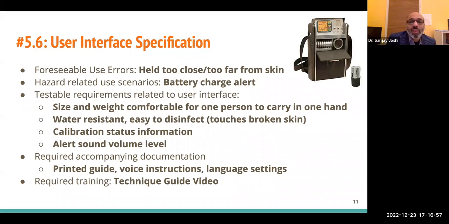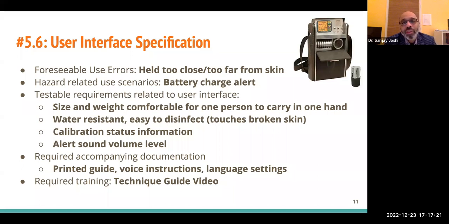Then there are testable requirements related to user interface, and they could be related to size and weight, and that should be comfortable for one person to carry in one hand, because they may be carrying something else like a stretcher or some other equipment in their other hand. It needs to be water resistant, because again, you are going to operate this in Mumbai. It needs to be easy to disinfect.